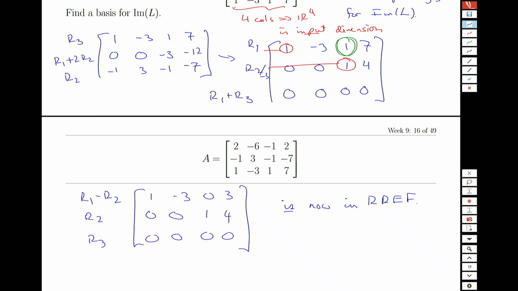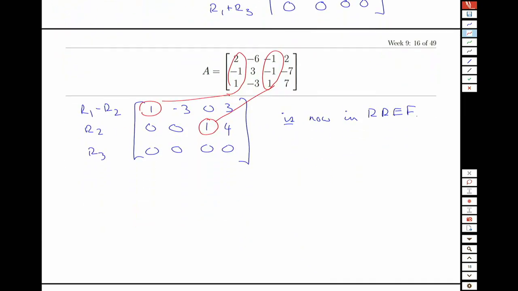And once it is, we have this lovely approach afterwards that says you just have to look at that matrix, look for the leading 1s, and go back to the original matrix and keep those columns. Those are a set of linearly independent vectors that also span the whole space. So in this case here, we can go straight to the image of L has a basis of just two vectors.